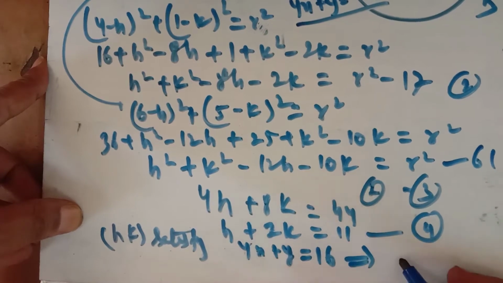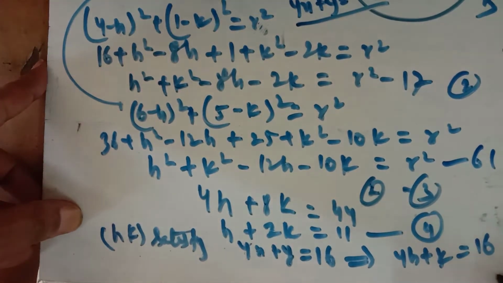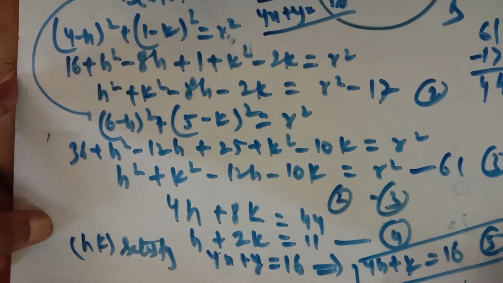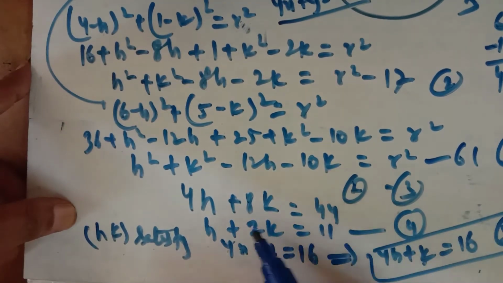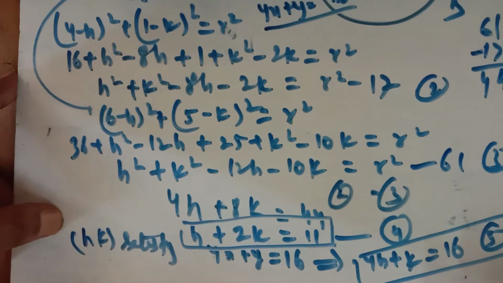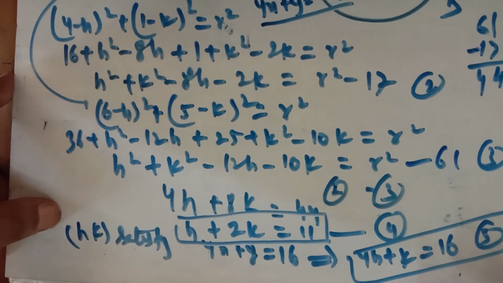So you will get 4h plus k is equal to 16. This is equation number 5. Now what you have to do? Equation 4 and equation 5 are linear equations in terms of h and k. You solve these two equations, fourth and fifth, to get the values of h and k.